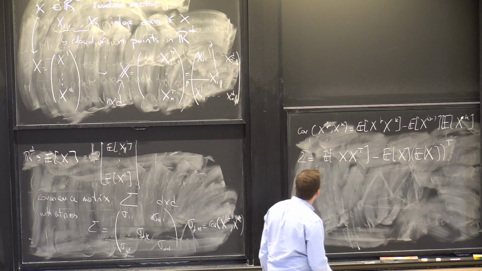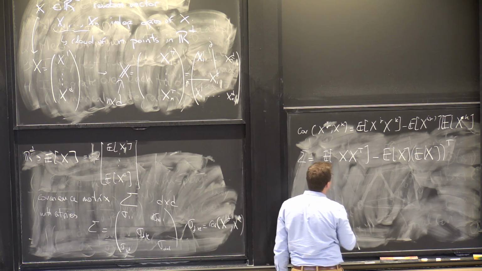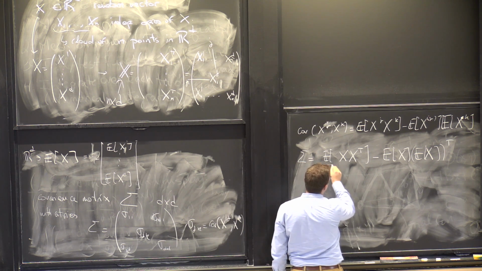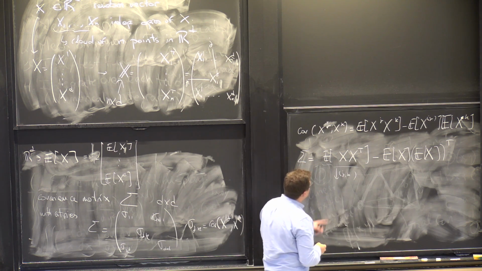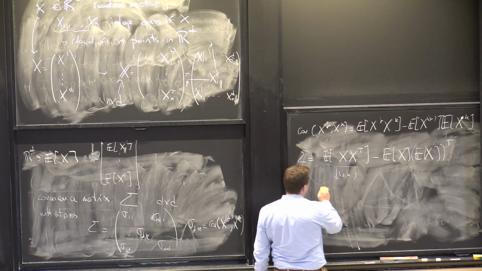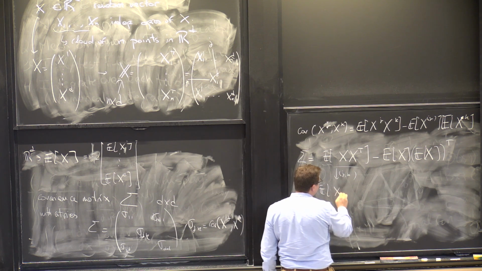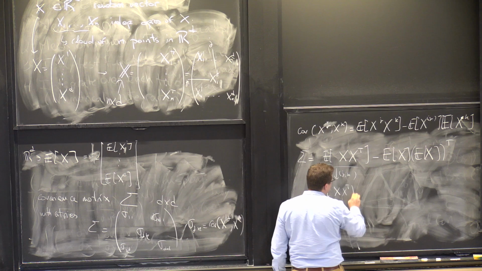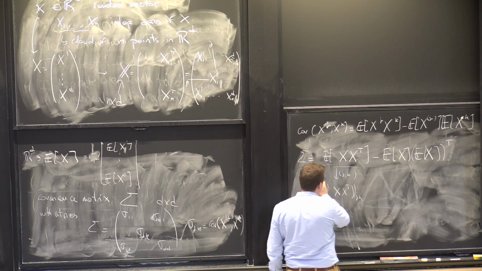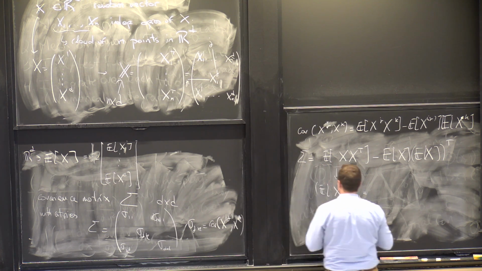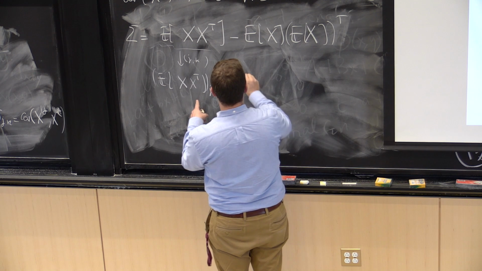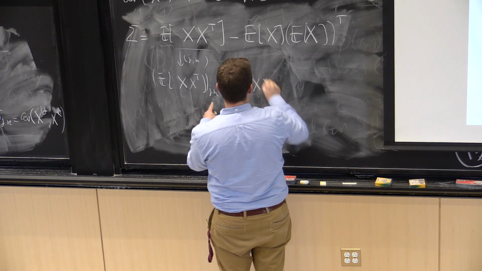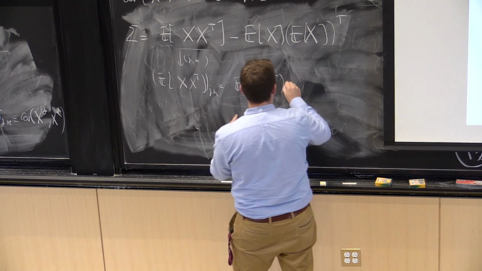Why? Well, let's look at the jkth coefficient of this guy. If I look at the jkth coefficient, I see that it's the expectation of x x transpose jk.